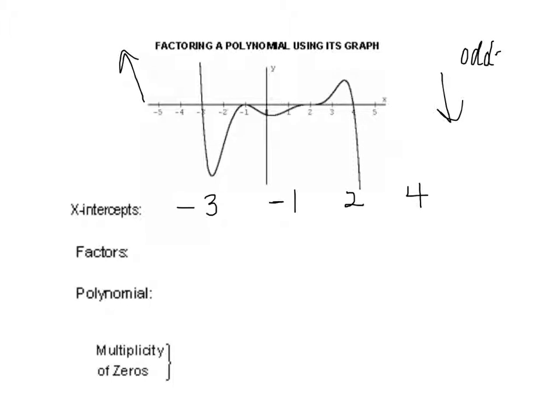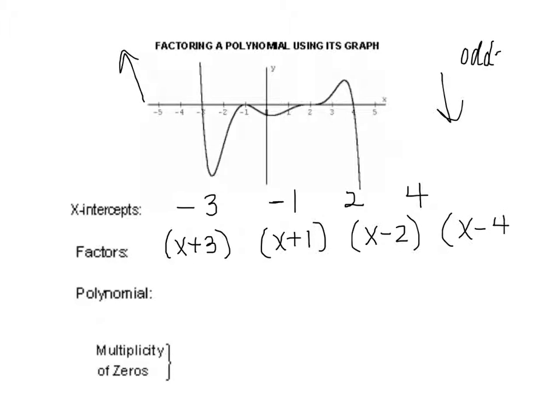Okay? And then if we want to write the factors for that, we would say x plus 3, x plus 1, x minus 2, and x minus 4. And those would be the factors for those zeros.